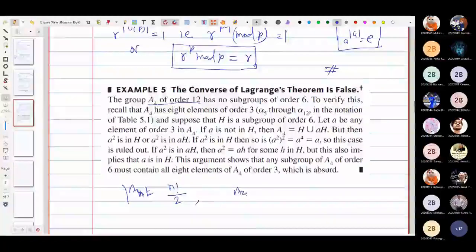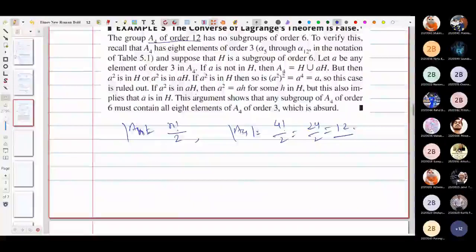So in case of A4, the order is 4 factorial by 2, that is 24 by 2 equals 12. Of course its divisors are 1, 2, 3, 4, 6 and 12.